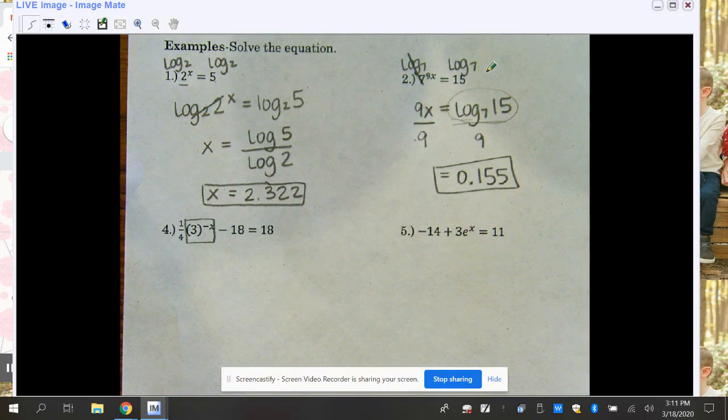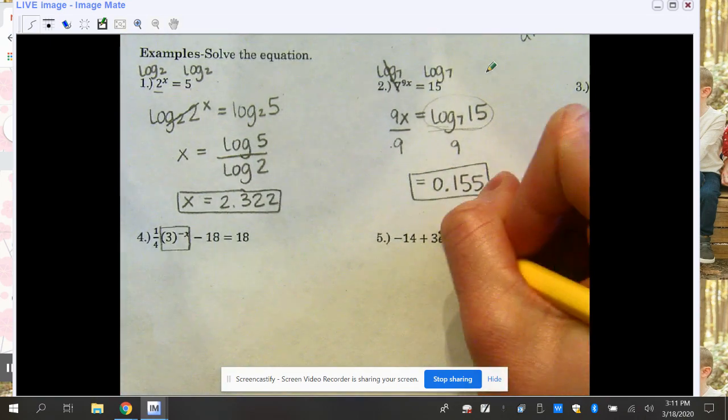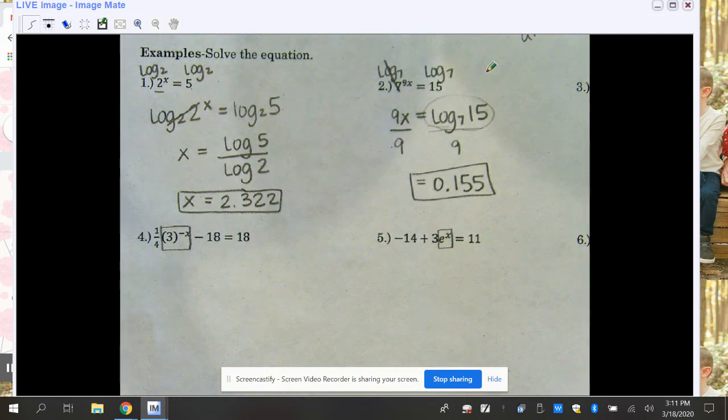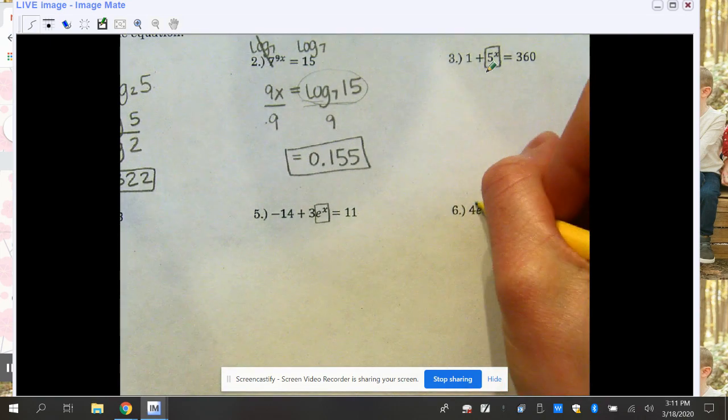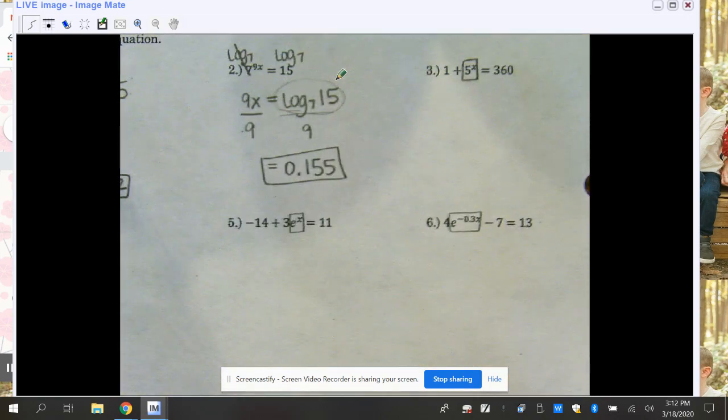That's the only thing that's being raised to the power. In this problem, the only thing that's being raised to the power is e. In this one, the only thing that's being raised to the power is e. So everything that we put a box around, we need to get by itself before we can take the log to undo the exponent. Okay, and so for this one, we use regular rules of solving equations.